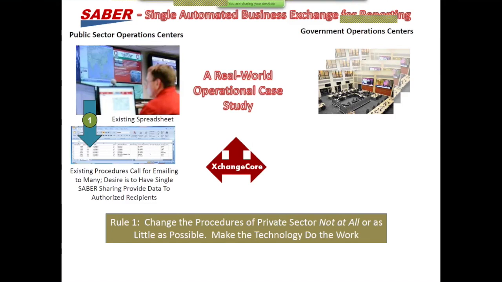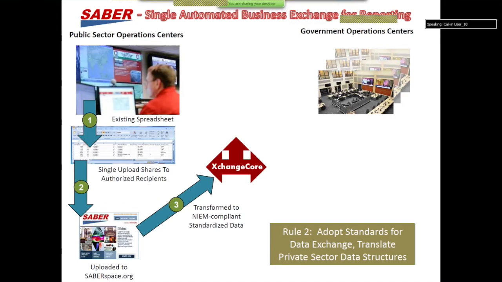So our rule number 1 for SABER is to change the procedures of the private sector not at all. Maybe a little bit, but as little as possible. We're going to make the technology work for us rather than the other way around. So you take that spreadsheet and it gets uploaded into the SABER space organization. So instead of sending it places, you go one place.